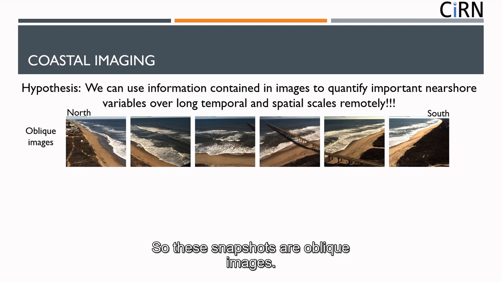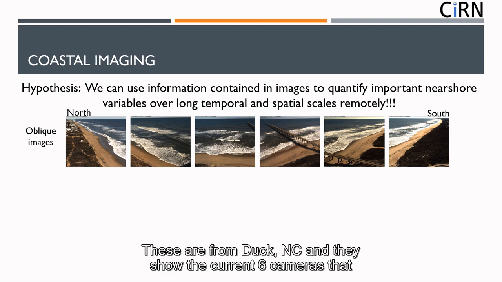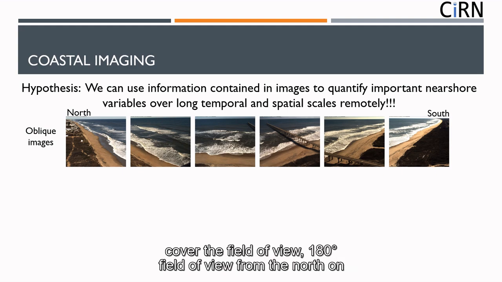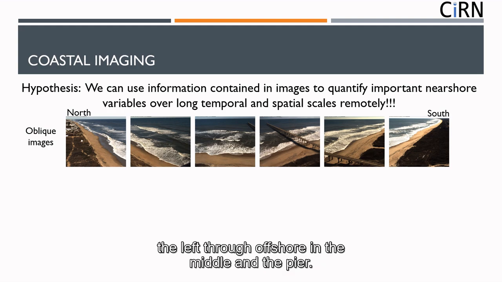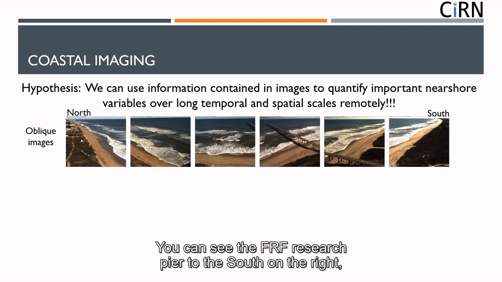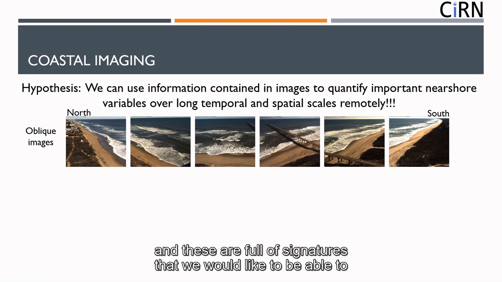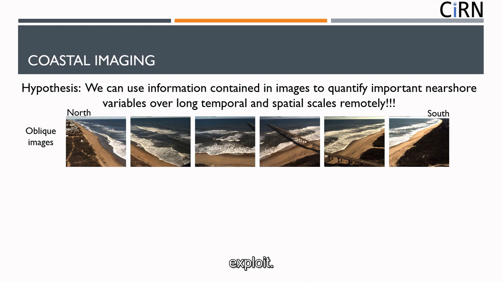These snapshots are oblique images. These are from Duck, North Carolina, and they show the current 6 cameras that cover the 180-degree field of view from the north on the left, through offshore in the middle, to the south on the right. You can see the FRF research pier. And these are full of signatures that we would like to be able to exploit.